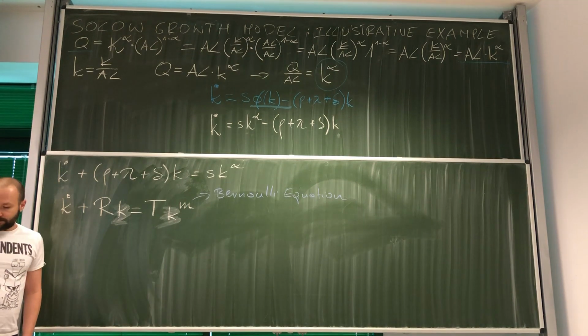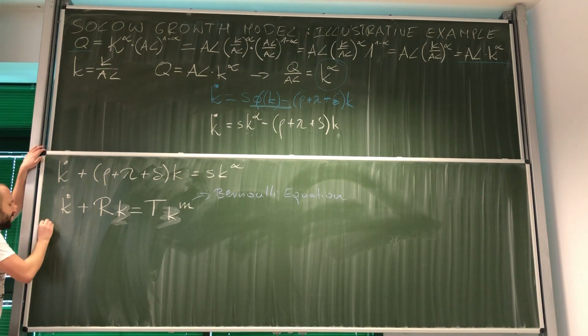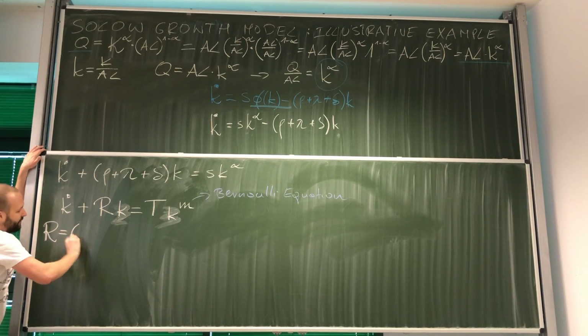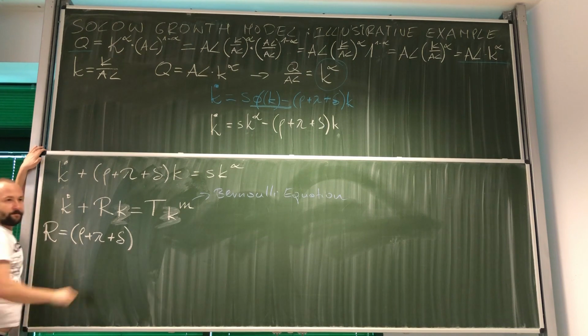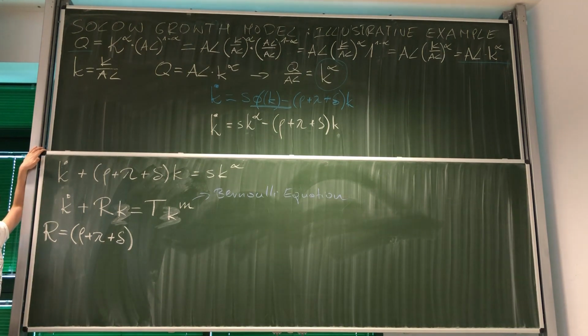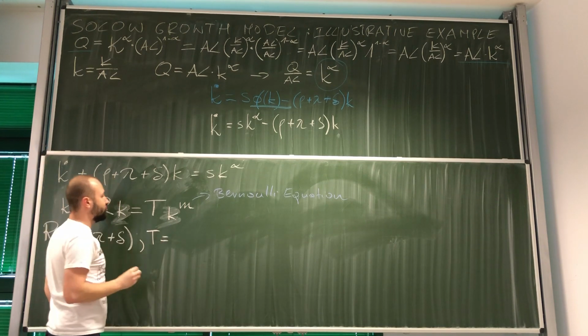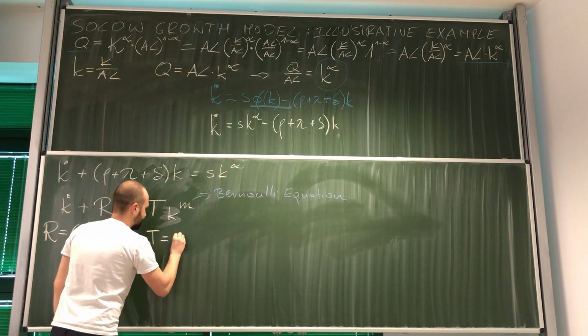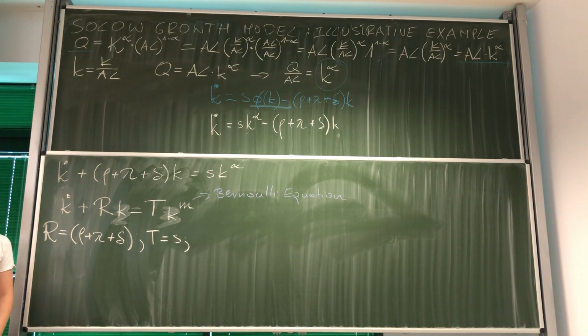So what do we have in this case? Our r is equal to rho plus lambda plus delta. Our t is equal to s, lowercase s, the savings rate.